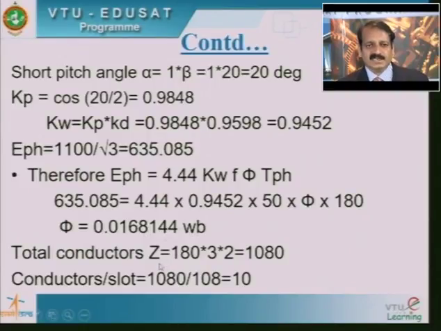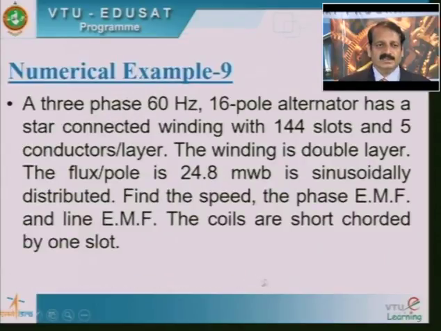Total conductors are given as 180 into 3, because this is turns per phase, into number of phases, you will get total number of turns, into 2, because each turn constitutes 2 conductors. So, we will get total conductors around the stator as 1080. Now, conductors per slot is equal to 1080 divided by total number of slots 108, which is equal to 10.